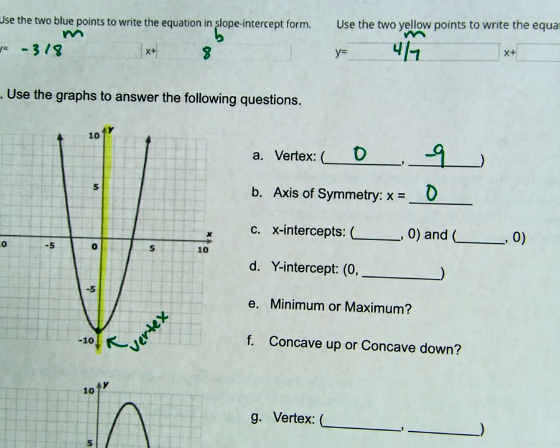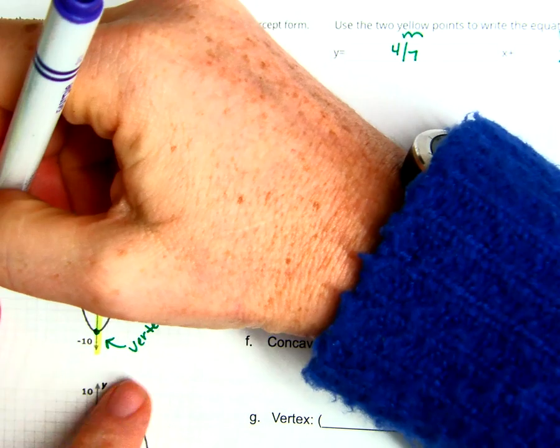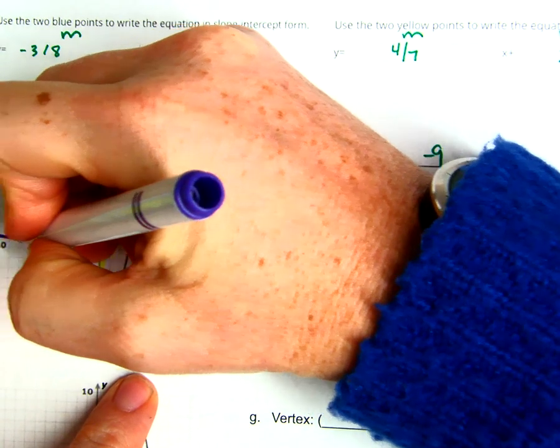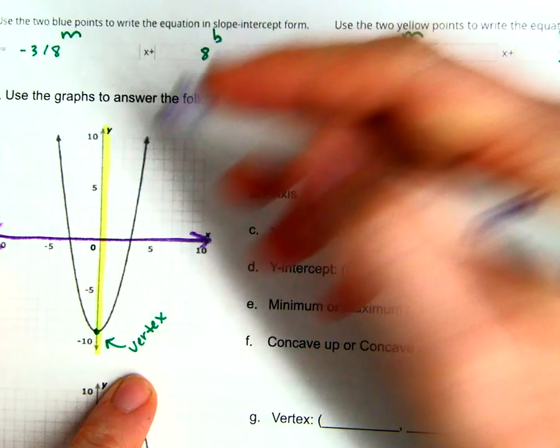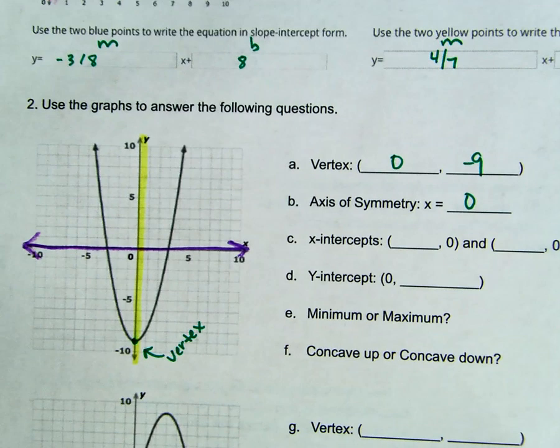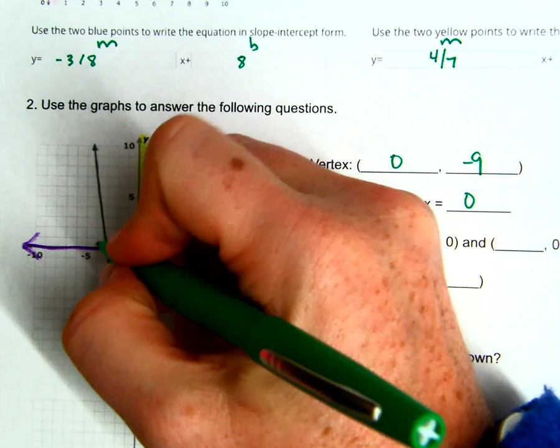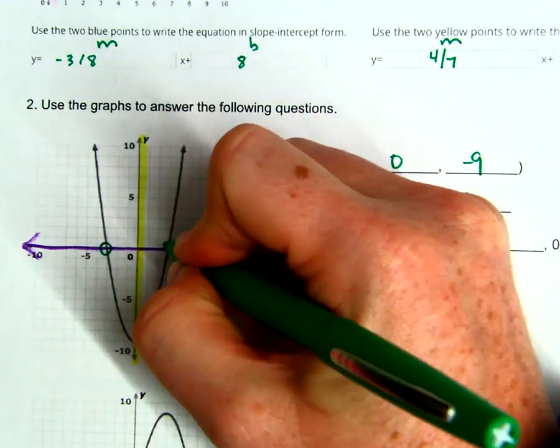All right, next thing here is, where does the graph meet the x-axis? So I'm going to color the x-axis purple here. So here's the x-axis. And so we want to know, where does this graph hit the x-axis? So where does parabola meet purple? So it looks like right here and right here.